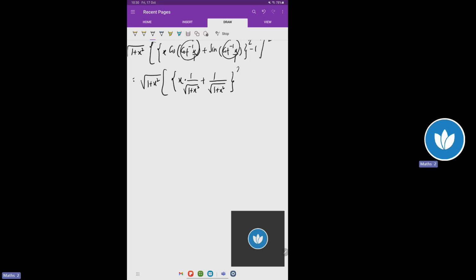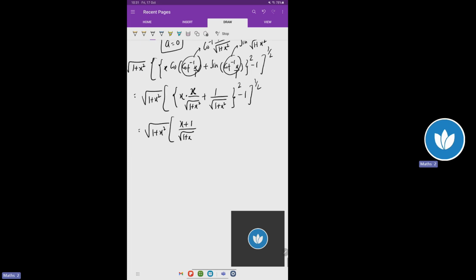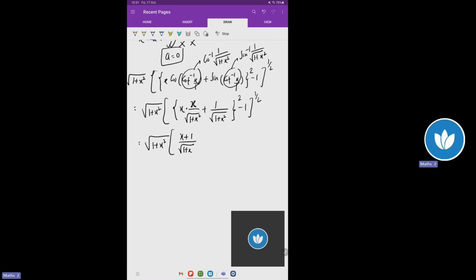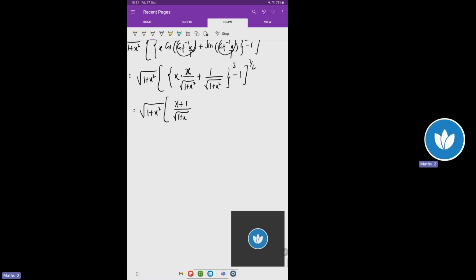Okay, it's whole square minus 1, whole square. So root 1 plus x square, and this is x plus 1 by root 1 plus x square. Okay, sorry, there should be x here, because this is base. So x square plus 1 by this, yes, it's whole square minus 1, whole square.